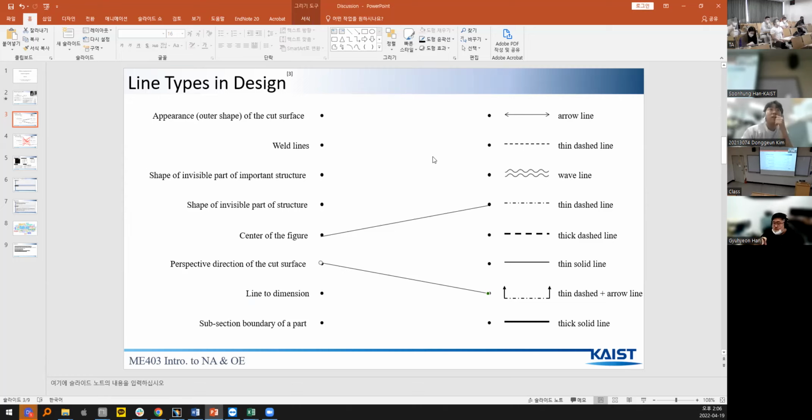I think the shape of an individual part of an important structure will be a thin dashed line, because when we use CAD, the dashed line is used for an individual part.